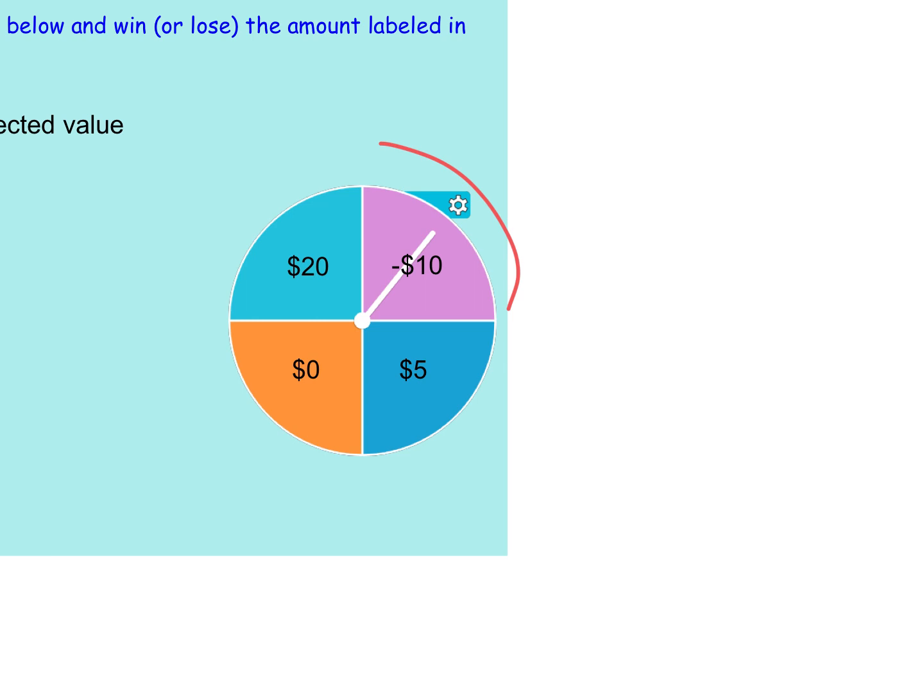So that's a negative number. So how do you handle that? You just put in a negative number for that. So what's the probability of this spot? Would you agree it's a 1 in 4 chance you're going to hit that part of the spinner? Yeah. Okay. Times the amount you get, negative 10.